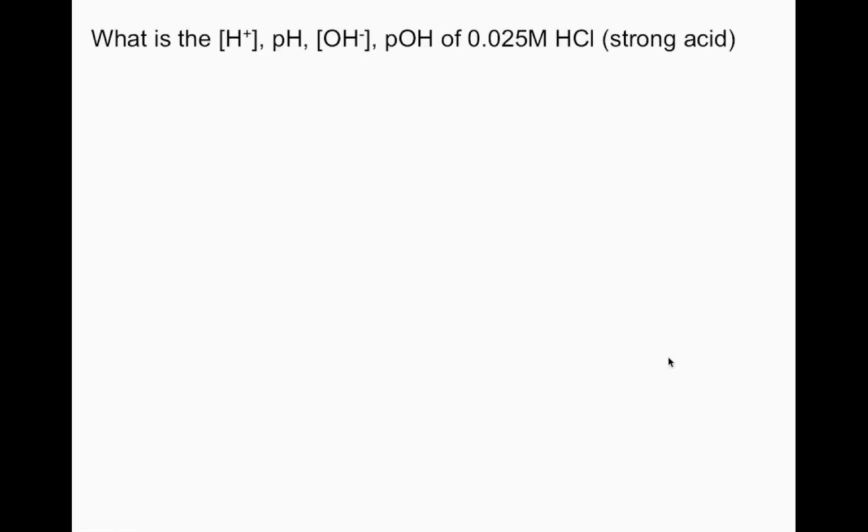All right, so here's a question we can answer. What are the hydroxide concentration, hydrogen ion concentration, pH and pOH of 0.025 molar HCl, a strong acid? So here's our equation for the reaction. Now initially, remember from equilibrium, I'm starting with 0.025 molar HCl. I have no products then.